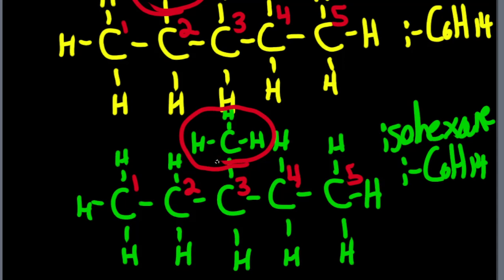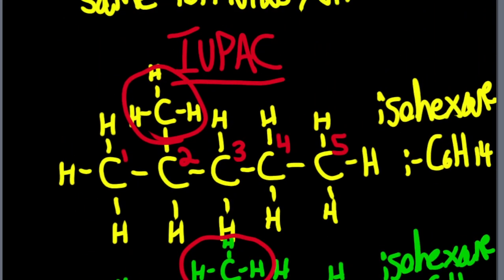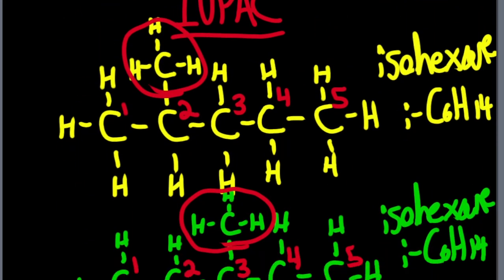Okay, so we're going to use the IUPAC naming scheme in order to properly name these. So to use the IUPAC naming scheme, first we're going to start with the longest continuous chain of carbon atoms in the molecule, which is the main chain. So for this one, my yellow one, isohexane, I've already drawn it out.